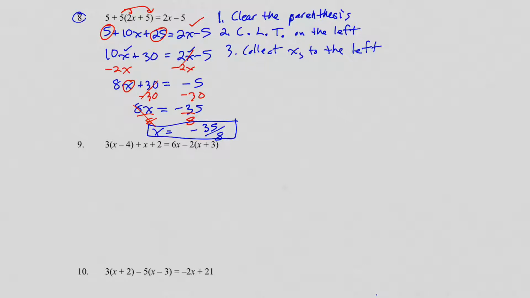So it is okay to have fractions, okay, or decimals in your answer. So don't freak out and think you did this wrong just because it does not divide evenly, okay? So this is perfectly fine.